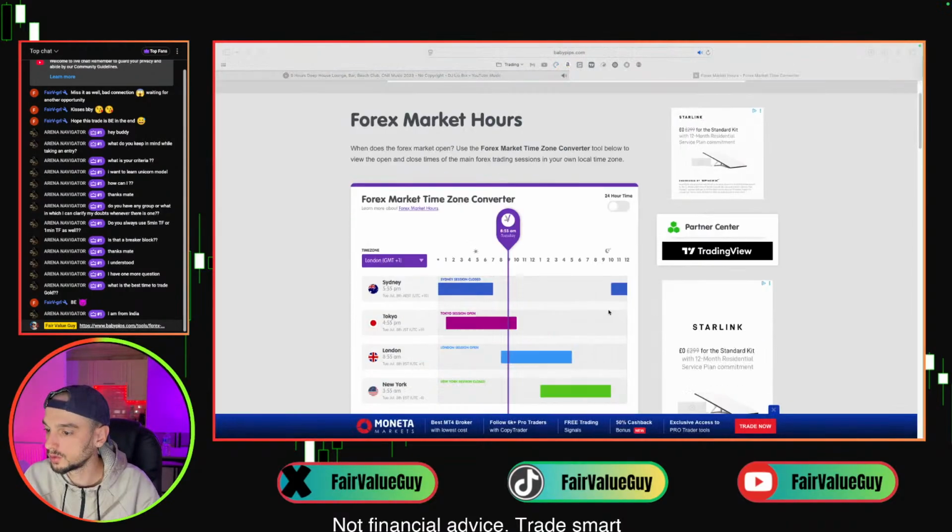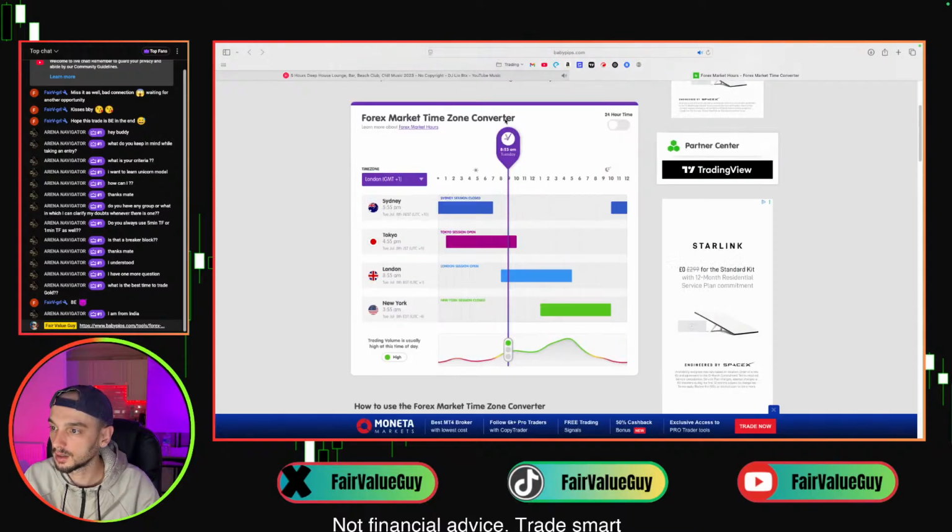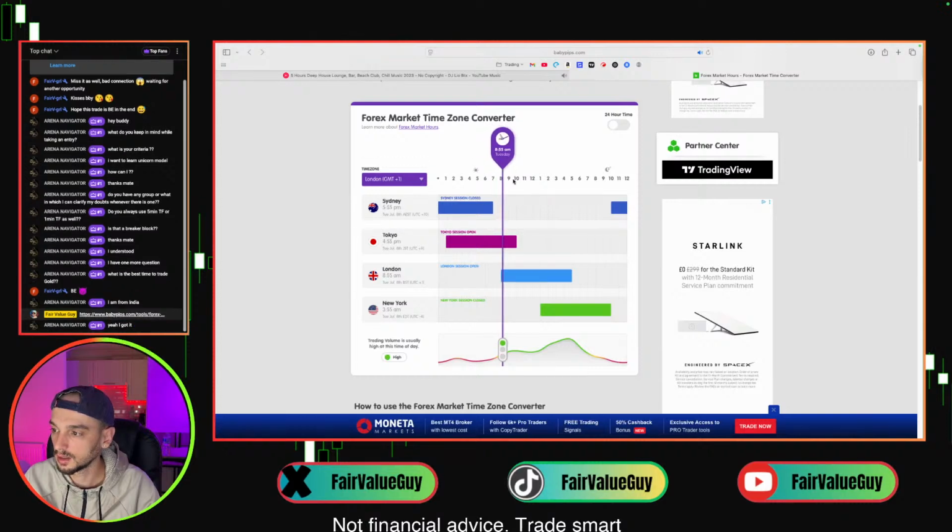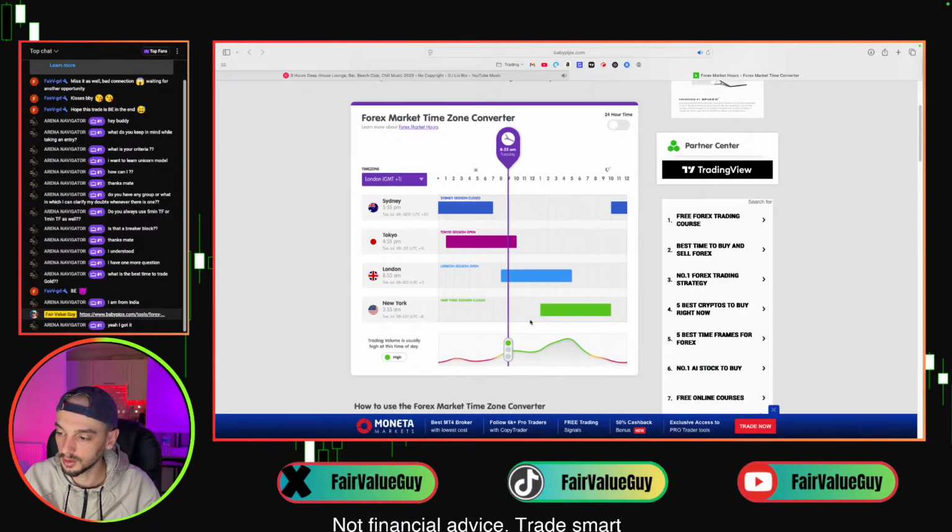So it will show you when every market opens, let's say Tokyo 9 AM, London 8 o'clock. This is by your time zone. You put your time zone up here and you can see when every market opens, and on the bottom you can see where the most volume is.